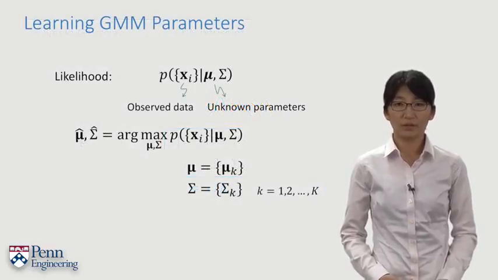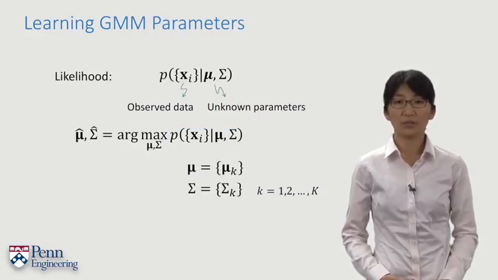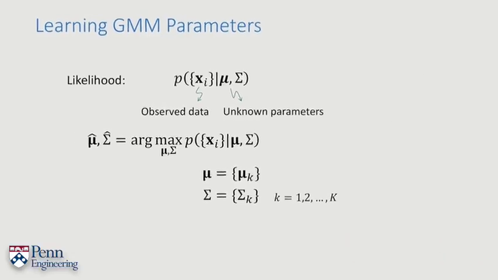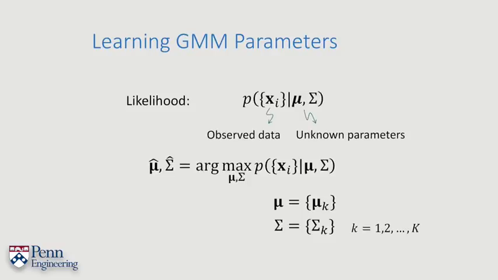Let's begin to find the maximum likelihood estimate of GMM parameters, as we did for single Gaussians. To briefly review, maximum likelihood estimation means we want to find the parameters of the model that is most likely to produce the observed data.